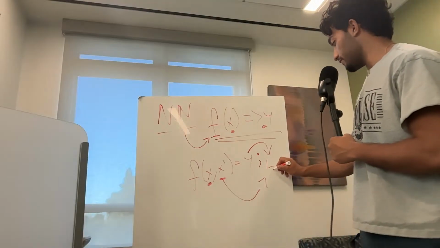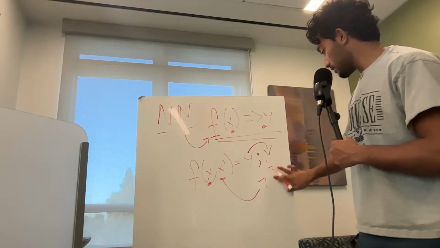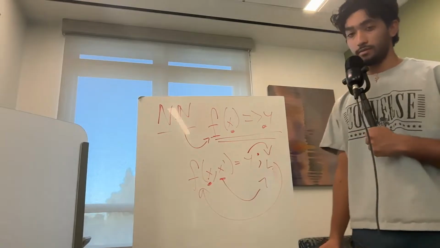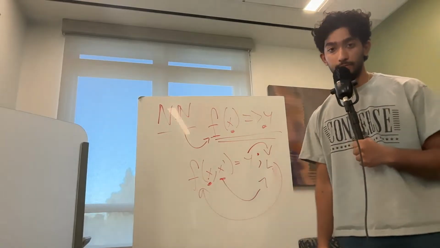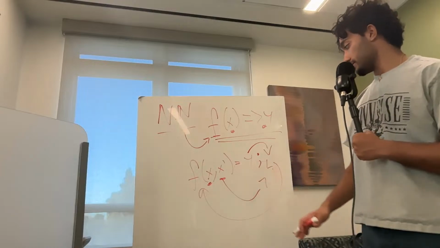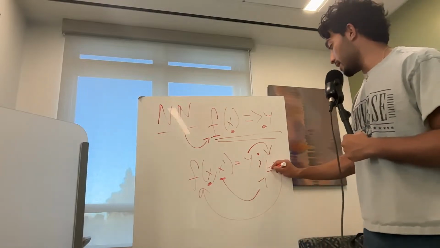And then it uses this number L to edit the function productively. So the function is edited such that the loss is minimized.